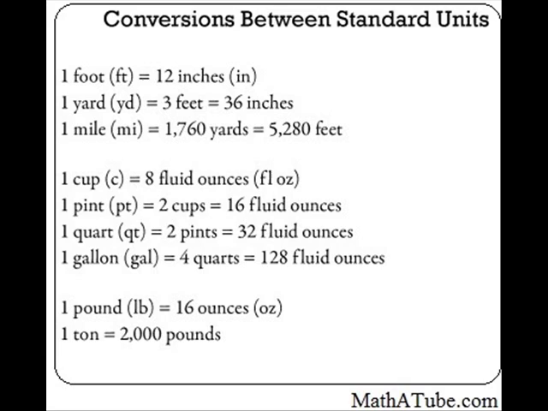Now we're going to multiply by a unit fraction. What's the unit fraction that converts feet to yards? 3 feet to 1 yard. Okay, 3 feet equals 1 yard. What goes on top, what goes on bottom?